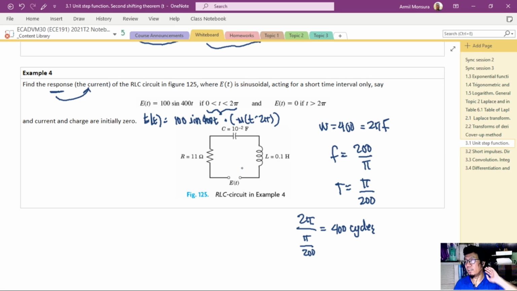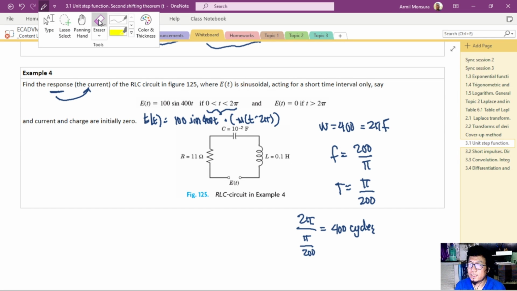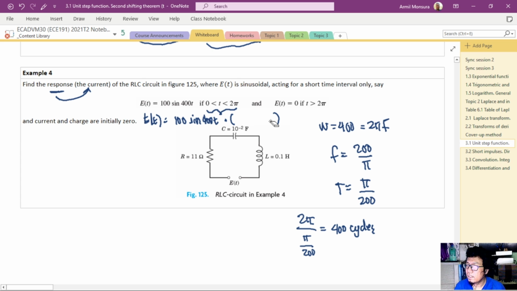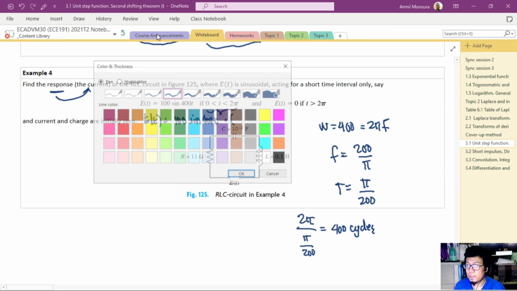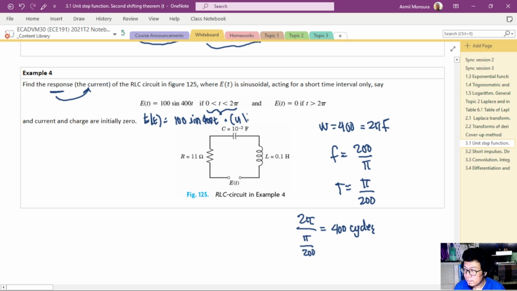Wait, since this acts between 0 and 2 pi, this should be u of t minus u of t minus 2 pi.